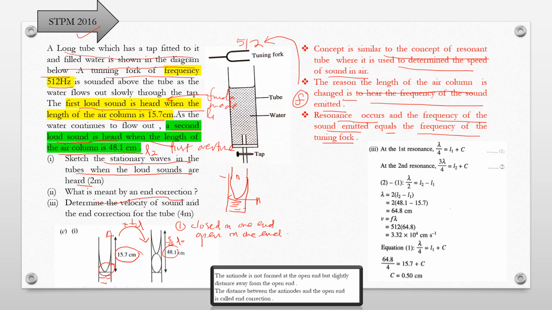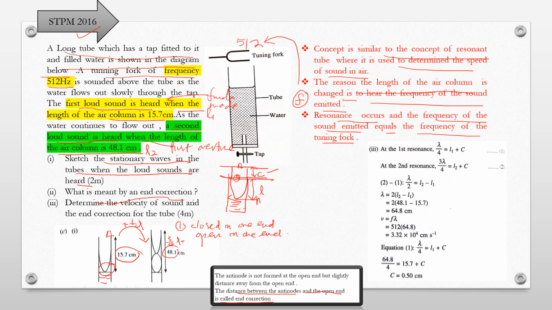So this is the open end, and this is where the antinode is formed. From here to here is C, and from here to here is the length. So what is C? C is the distance between the antinode and the open end, and it is called the end correction. By right, the antinode is supposed to be formed here, but it is formed somewhere far from the open end.